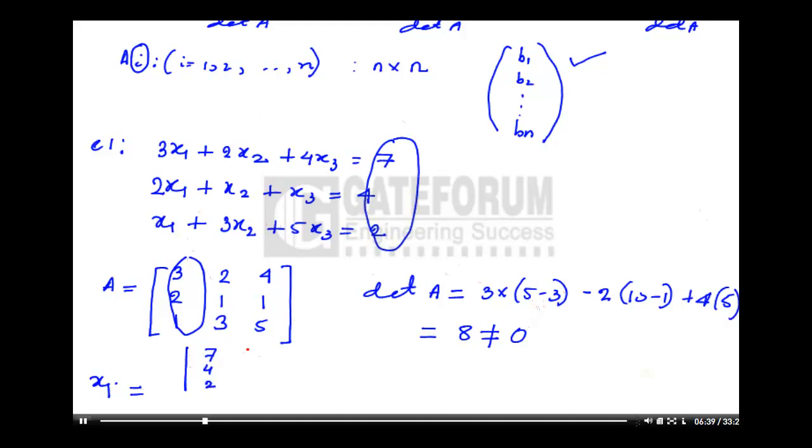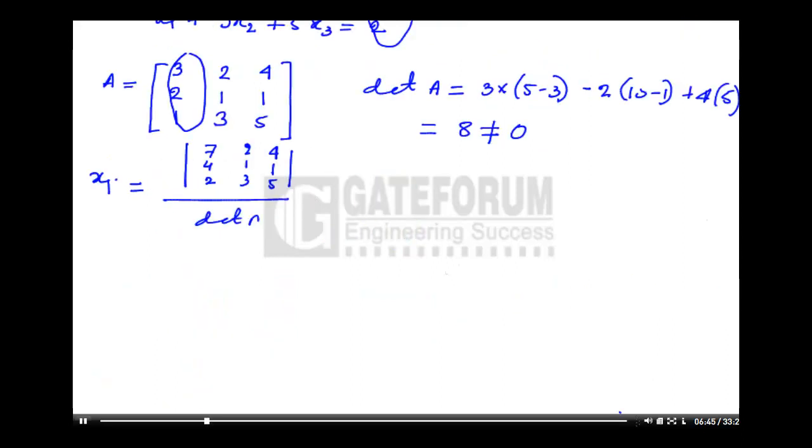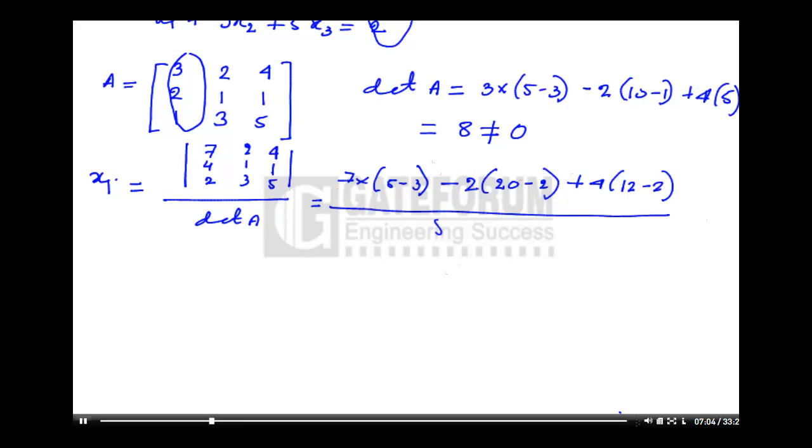So we get 7, 2, 3; 4, 1, 5 and below the determinant of A. After expanding, we get 7 into (5 minus 3) minus 2 into (20 minus 2) plus 4 into (12 minus 2), divided by the determinant of A, that is 8, and calculating it we get 9 by 4.